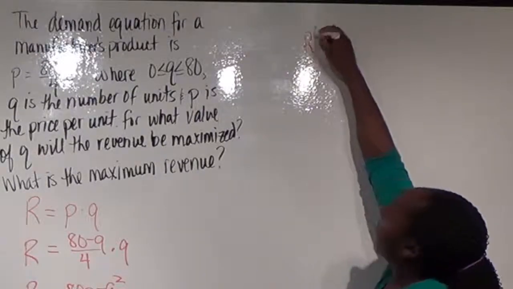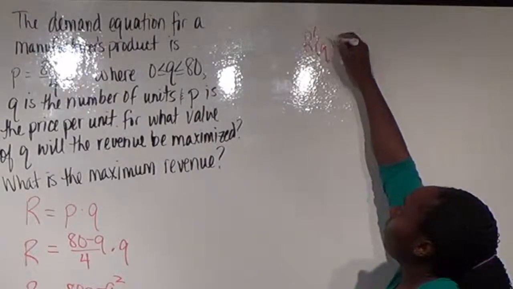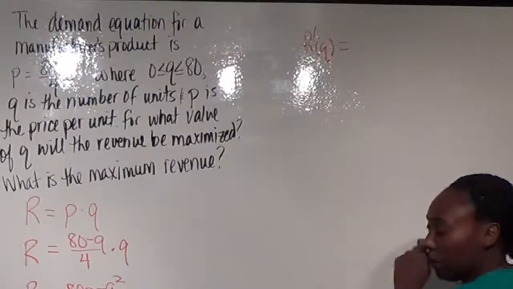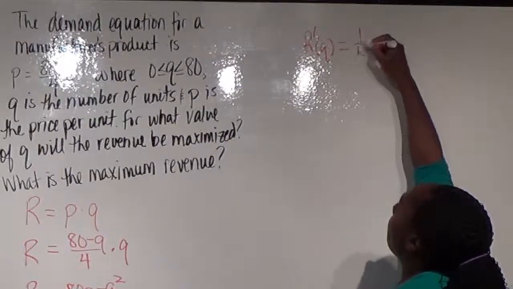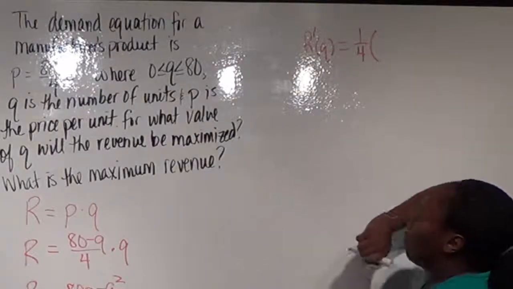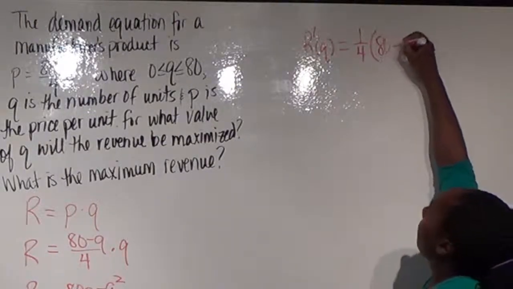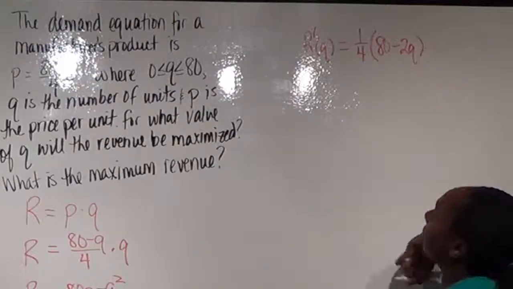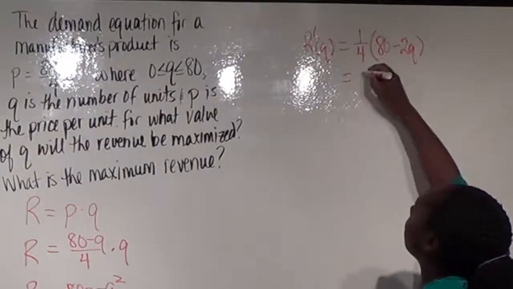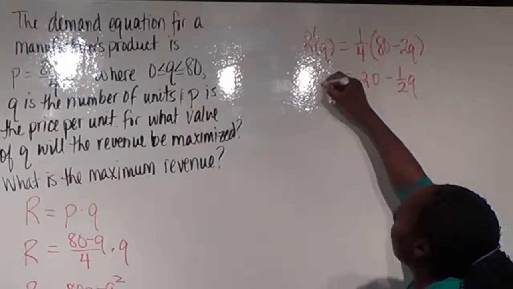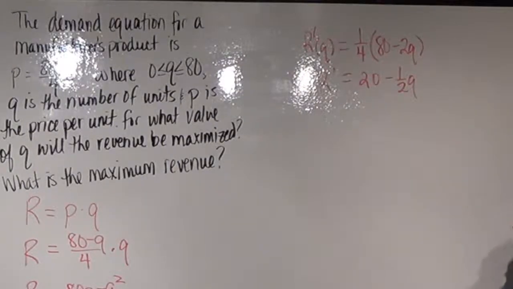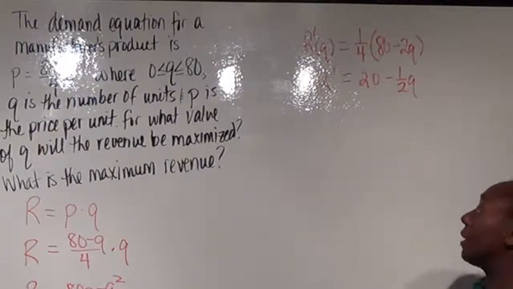So to find my critical values, I'm going to take the derivative. Notice that 4 on the bottom, there's no Q. So I can actually just move that out front and take the derivative of the numerator. Simplifying that down, there's my R prime. For my critical values, I want to look for where it's 0 and where it's undefined.